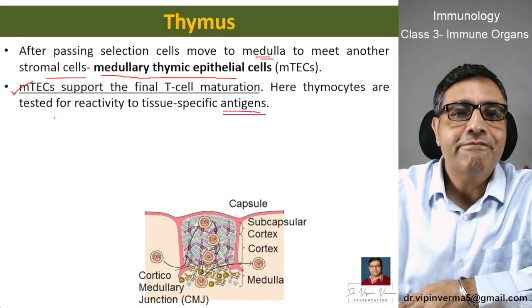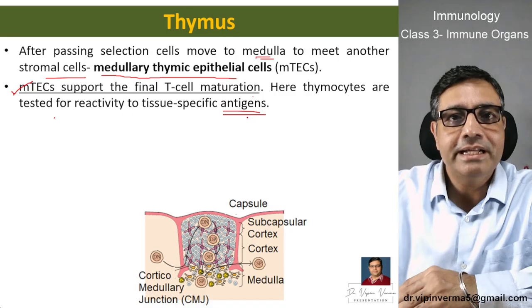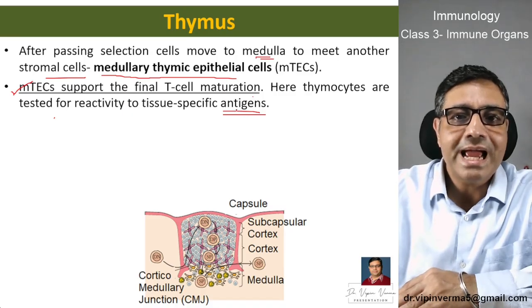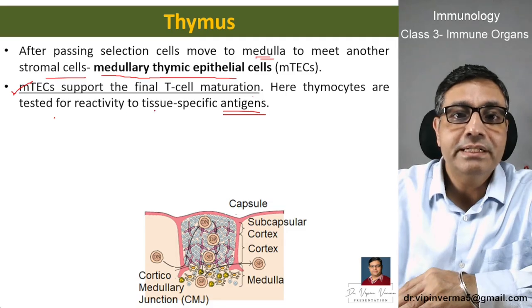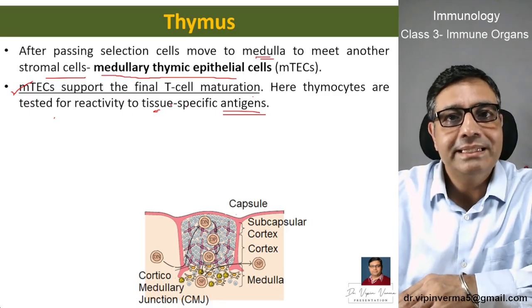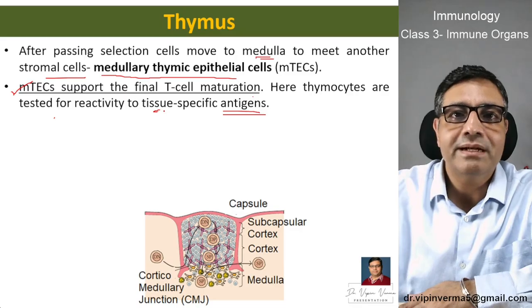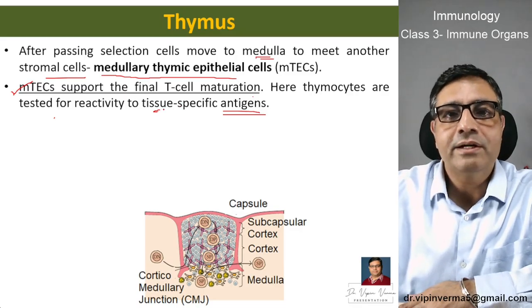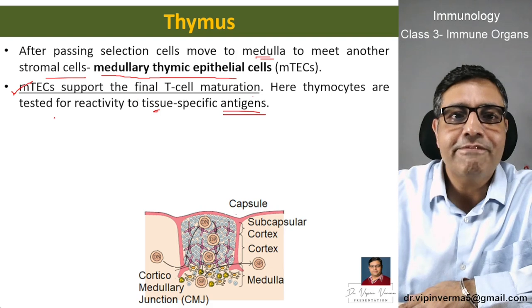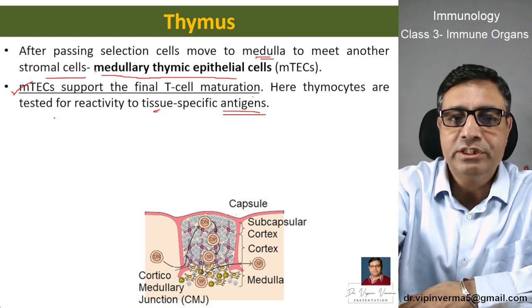So here the final selection is taking place with the help of the double negative, the double positive, and whether the tissue specific antigens, because various tissue specific antigens are brought here, and then they are selected on the basis of whether they are reacting or they are not reacting. So this is the final phase of their maturation.